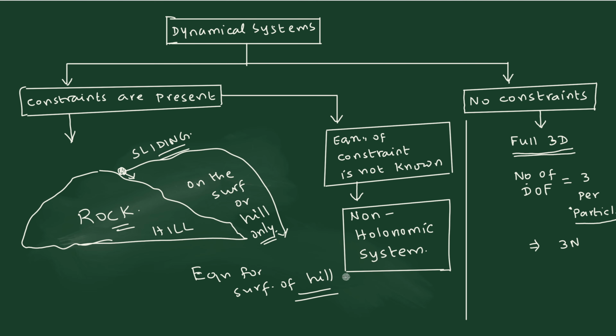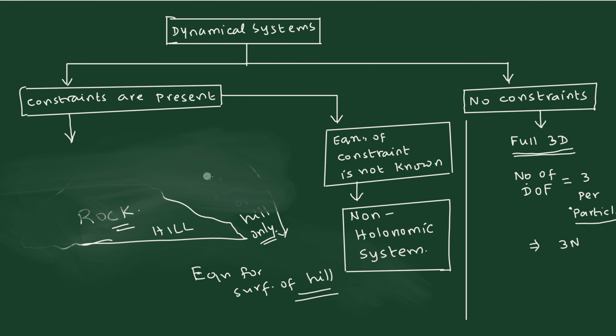So this is one main or major classification, because instead of asking the question, do you know or not, it is easy to say whether you do not know or not. Certain things mathematically we do not know, what the expression is or what kind of equation we are going to have. When it is very clear that you do not know the equation, but still you know that there is a constraint, such situations are known as non-holonomic constraints or non-holonomic system.